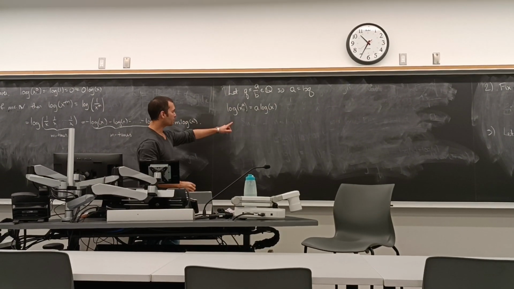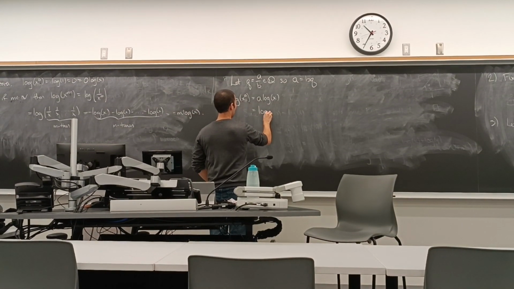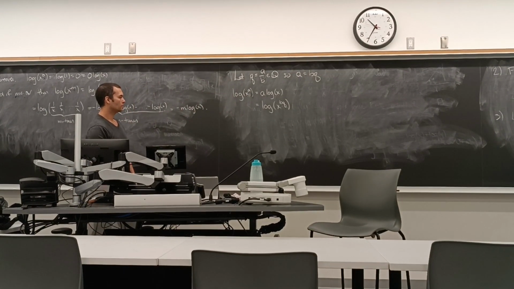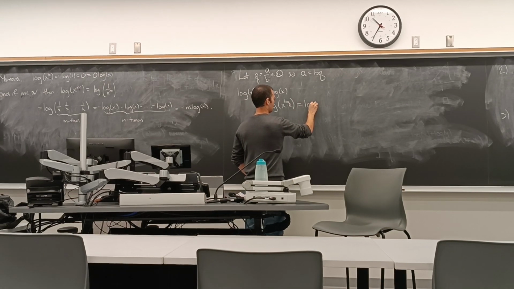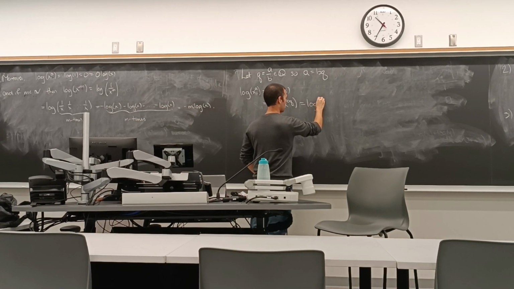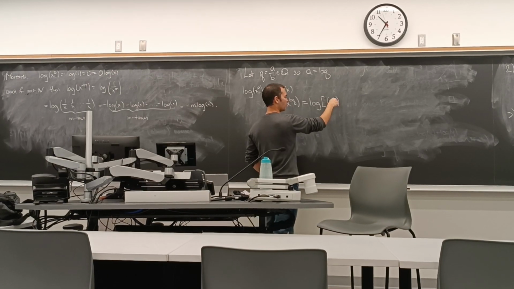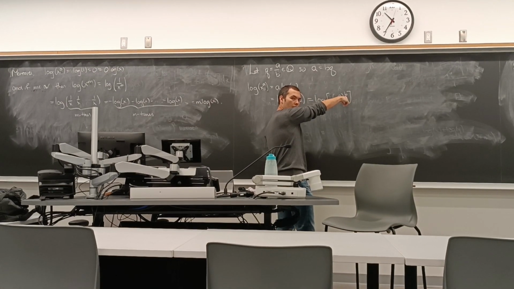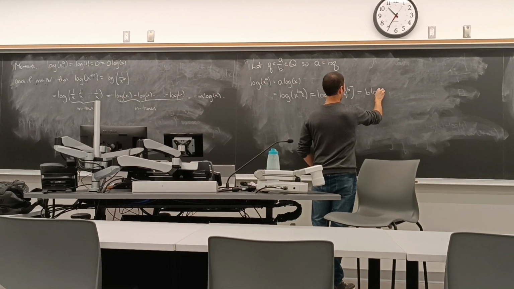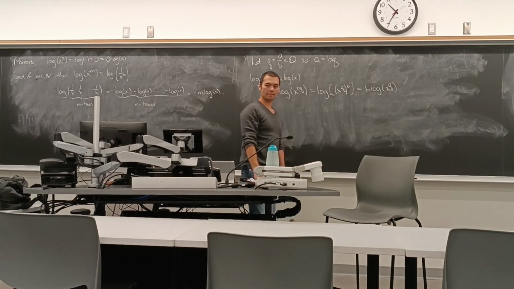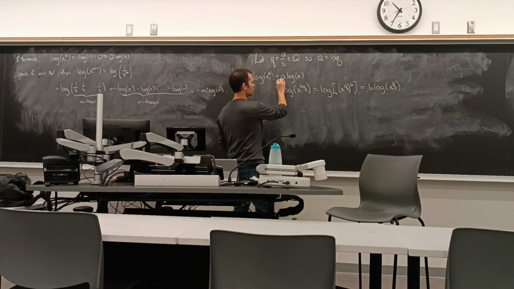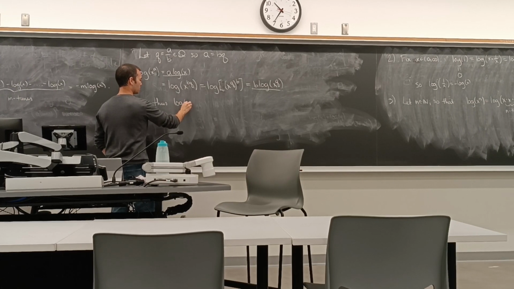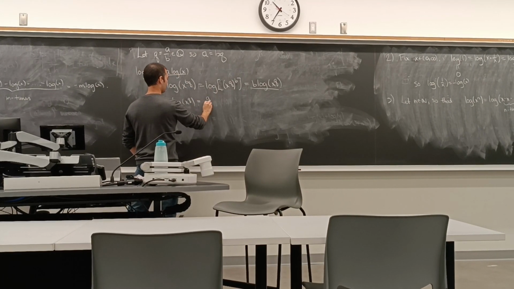But this is also equal to log x to the bq, which is log, let me use square brackets here, of x to the q, all to the b. I don't know how to deal with x to the q, the rational power. But I do know how to deal with the integer power. So I take this, and I solve for log of x to the q, dividing both sides by b.